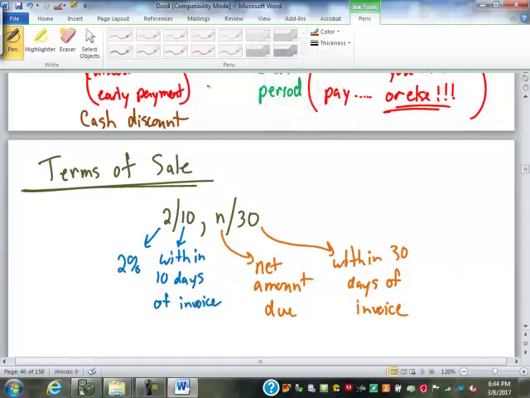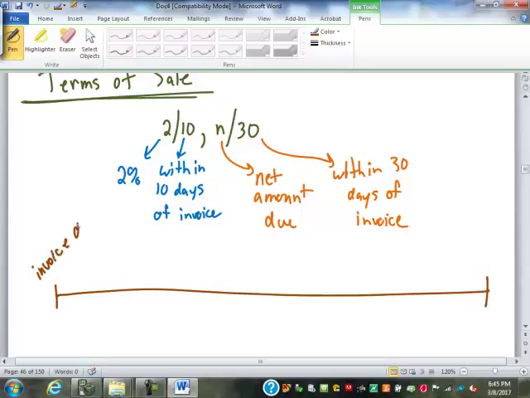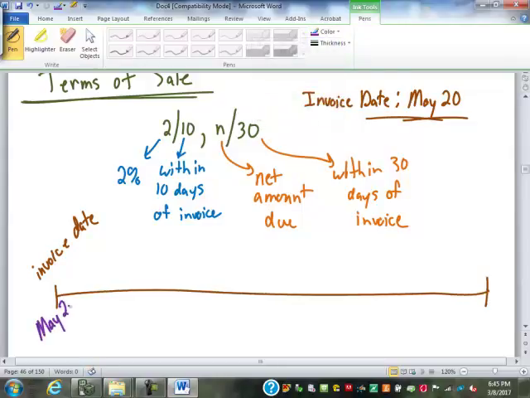So if we think in terms of that timeline, let's say that this invoice date is May 20th. What that means is that this timeline starts May 20th.